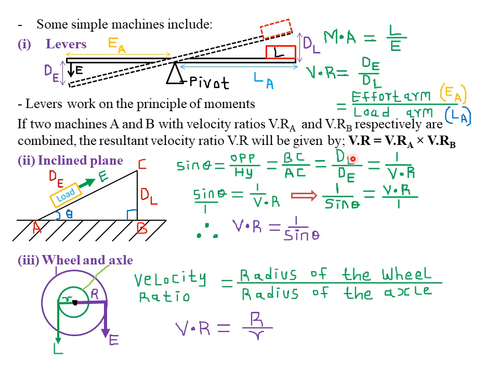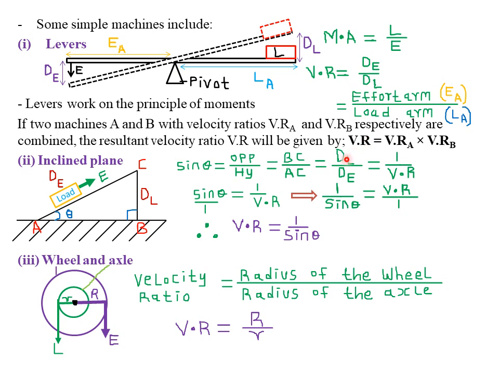But now here we have load distance divided by the effort distance. So if we take reciprocals on both sides of this equation, we shall have 1 over velocity ratio being equal to DL over DE.